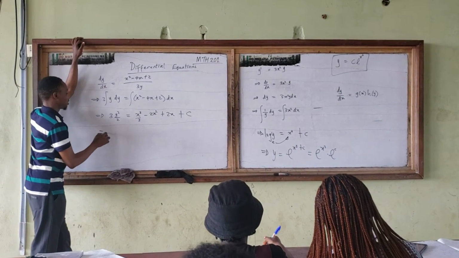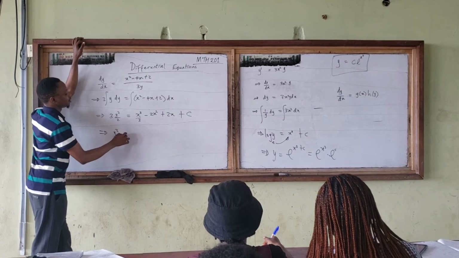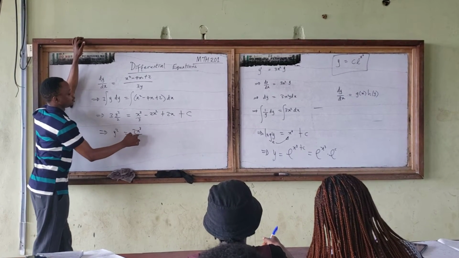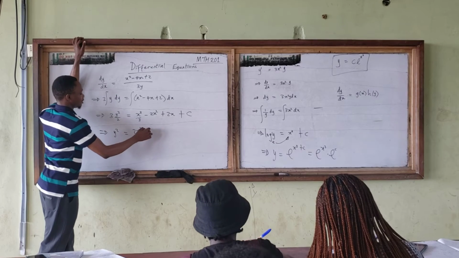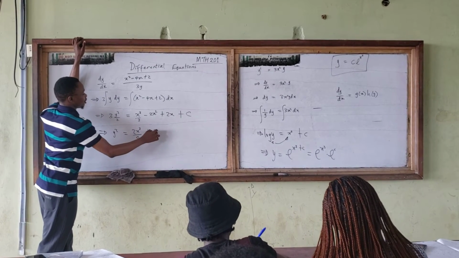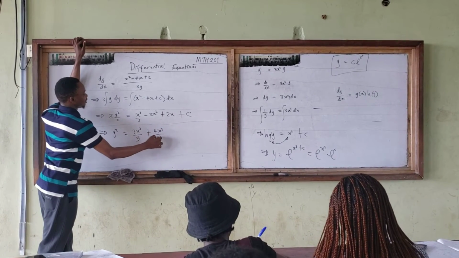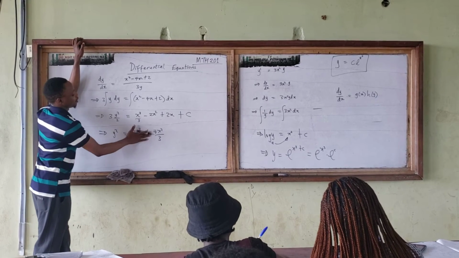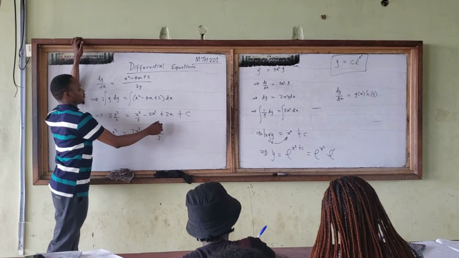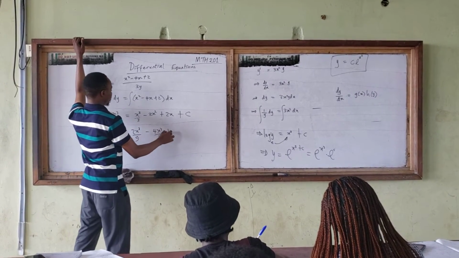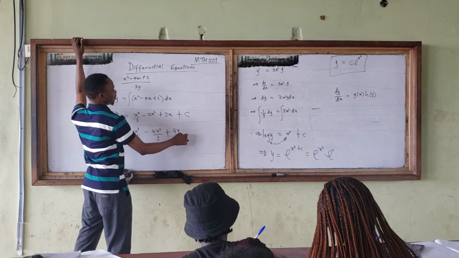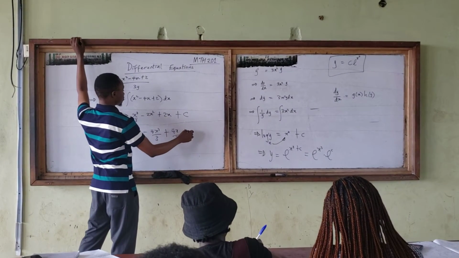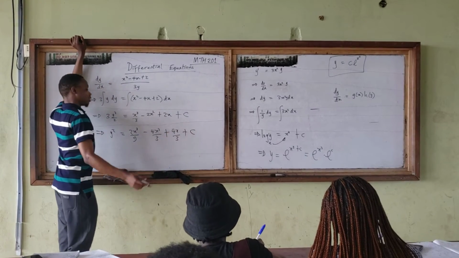So that's going to give us y squared equal to 2x cubed over 9. Does that make sense? Plus 4x squared, minus. Thank you. And this is going to give us what? Plus 4x over 3, plus 2 over 3. That's still C. Don't worry about that.